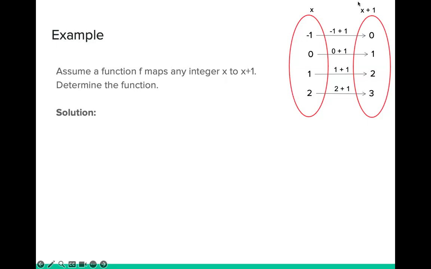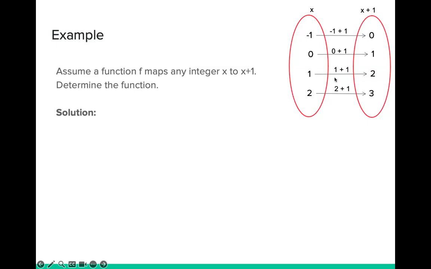Essentially, what the function does is just add 1 to the input, or to the elements of x. So for example, to -1 we add 1, to 0 we add 1, to 1, and to 2 plus 1.